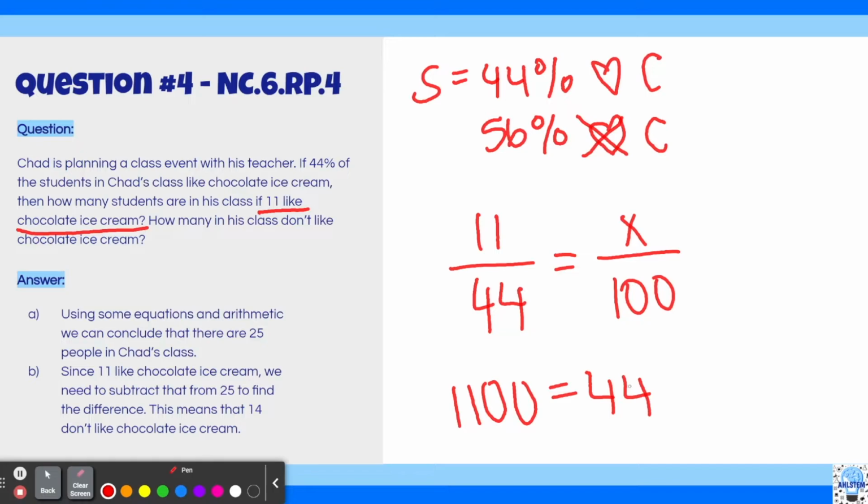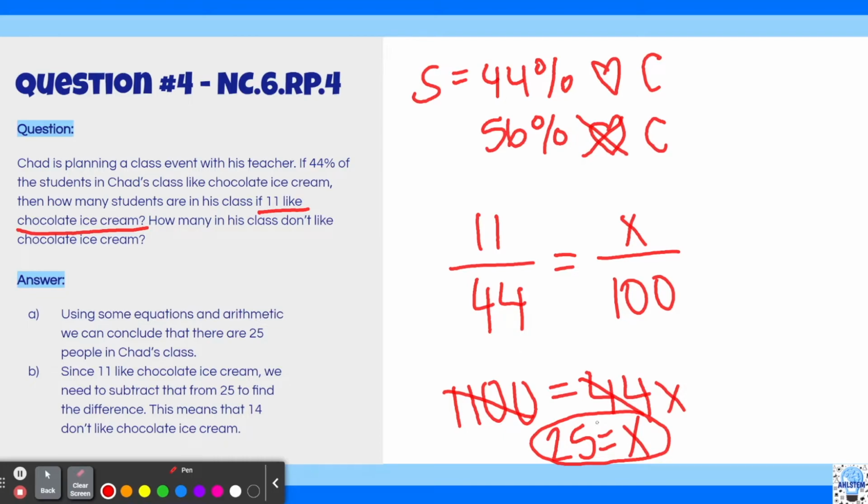Okay? So let me just put this in my calculator. Oh, it equals 44x. My bad. Let me put this in my calculator. So x is equal to 25. So there are 25 total students in the class.